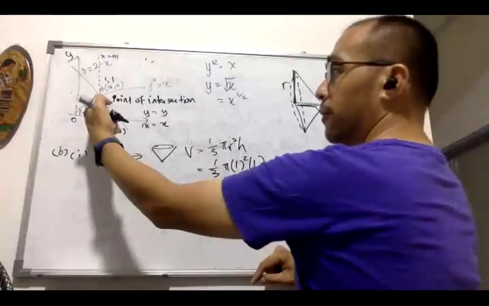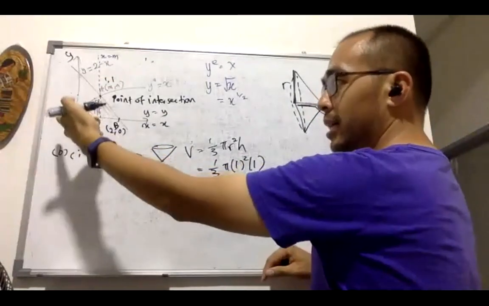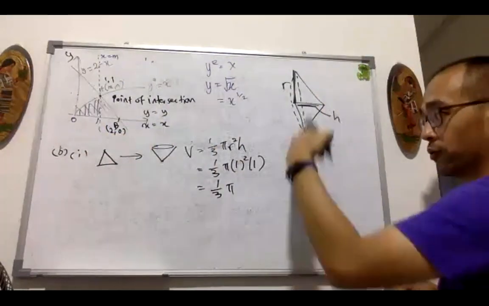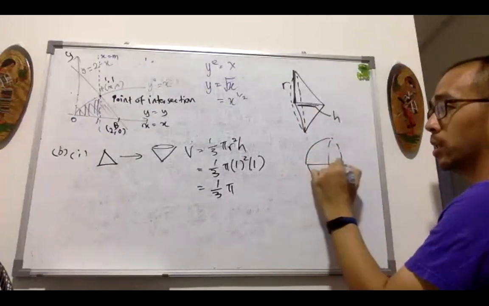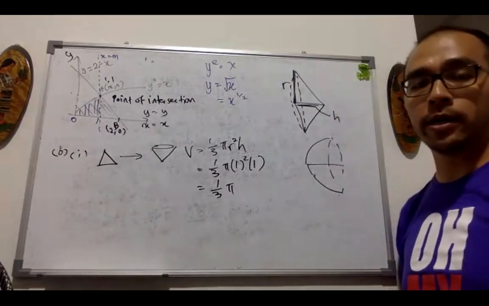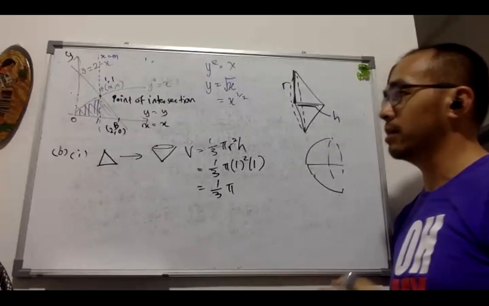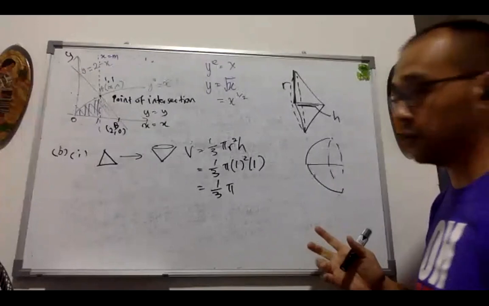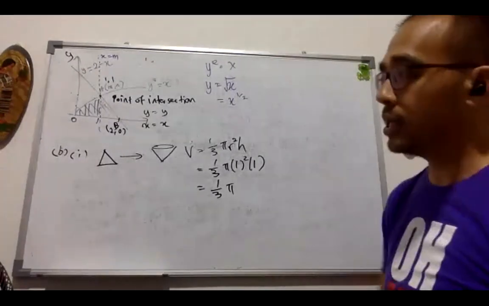Then for the integration side, no choice. This is the curve. If you revolve it 360 degrees, you get a bowl, and there's no formula for the volume of a bowl. Because of that, we have to use integration.